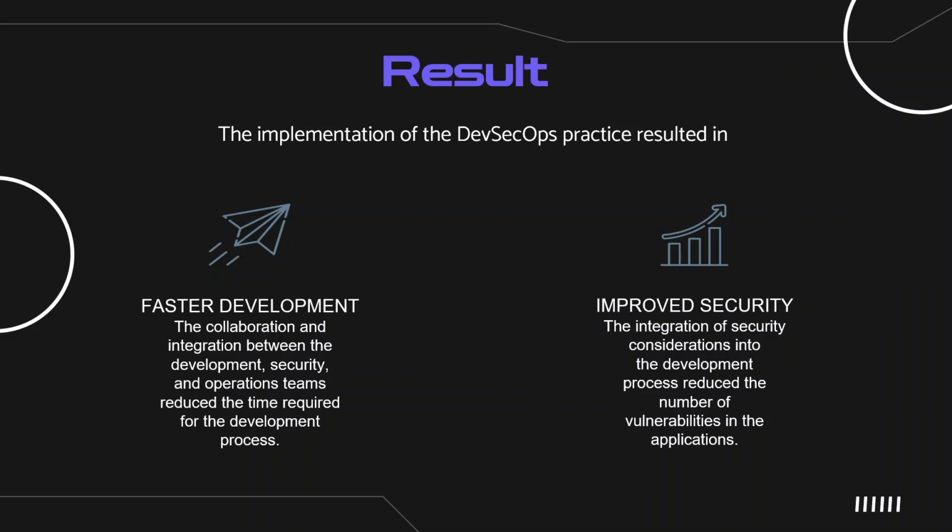The integration of security considerations into the development process reduced the number of vulnerabilities in the application. How did it happen? In the DevSecOps pipeline, the tools that we integrate throw a report into the vulnerability management dashboard where the dev team can look into the issues in real time and patch them.